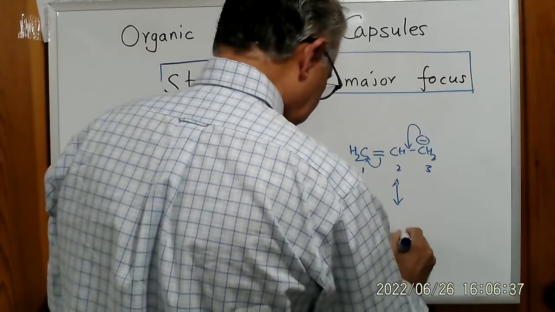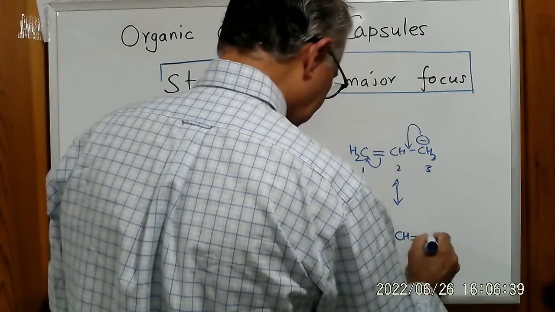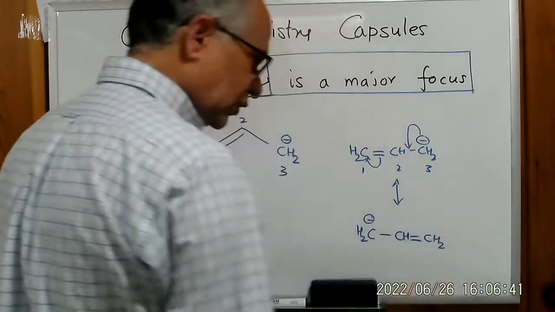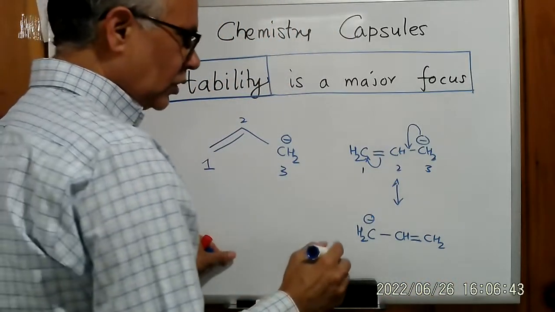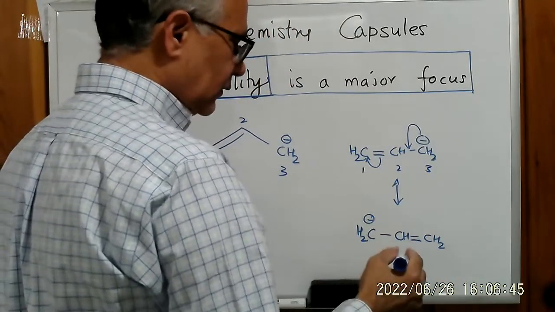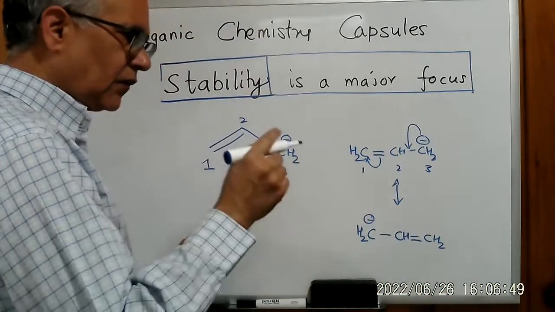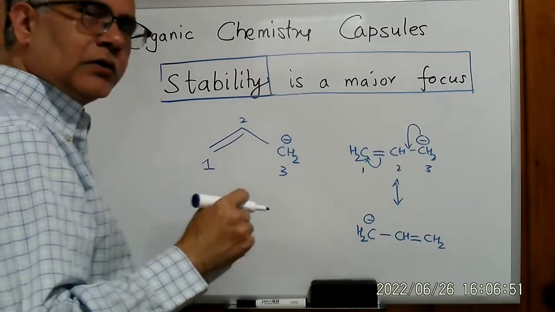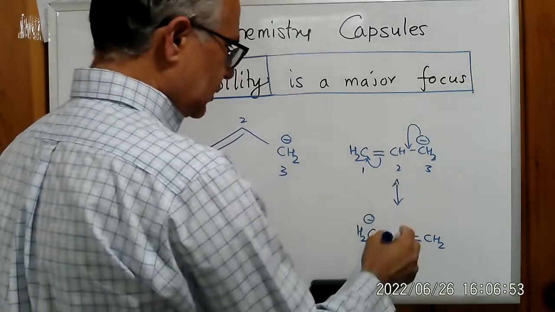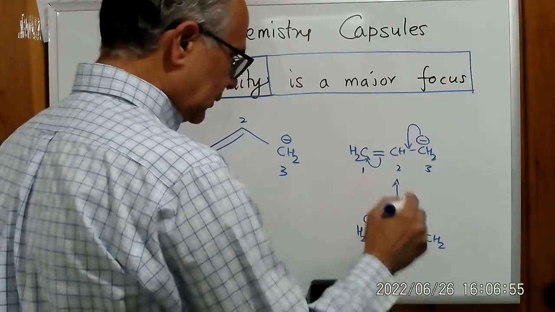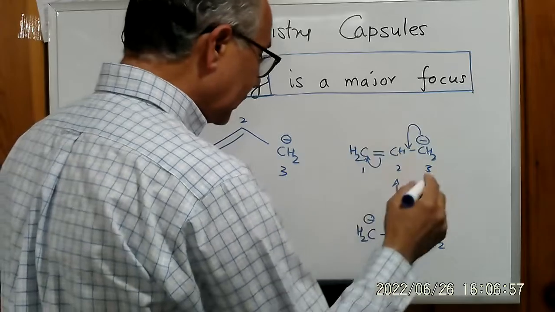This is something we have seen before in another video in which we talked about the resonance in ozone. You have to go back a few videos and look under Lewis dot structures to see that ozone example.